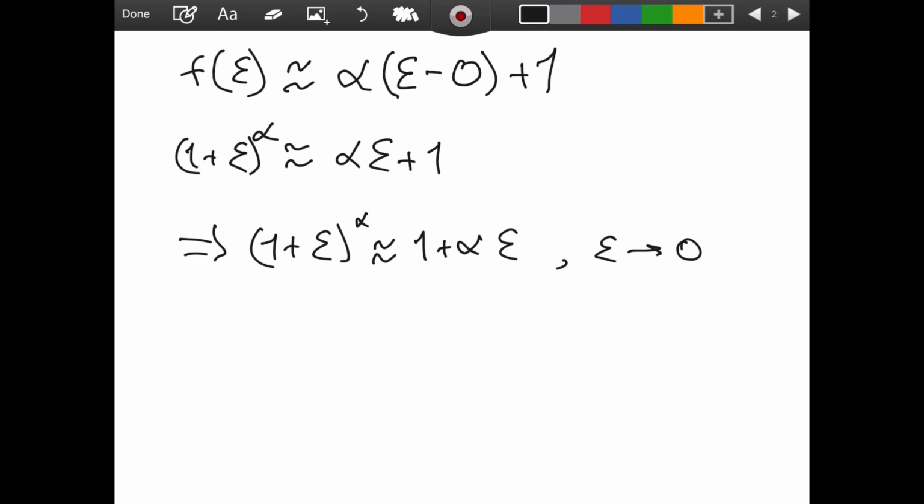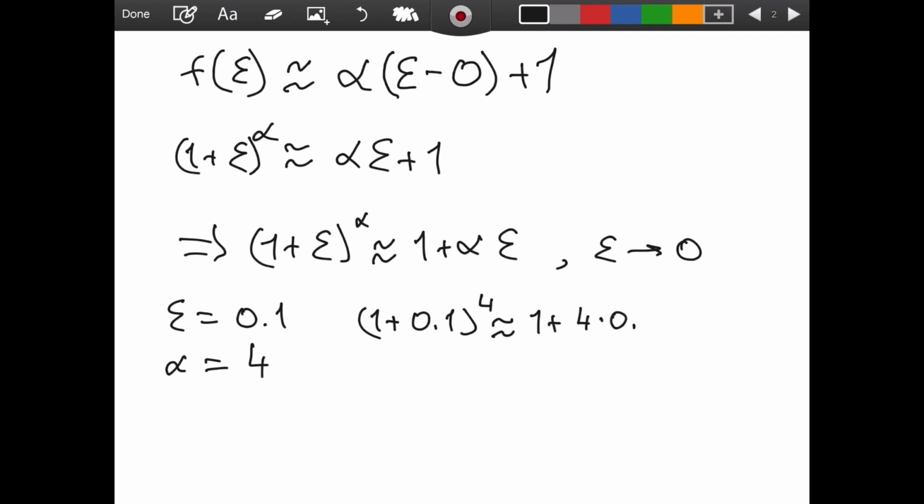So let's say that for epsilon, we choose 0.1, which is very close to 0, to be honest. And for alpha, we maybe choose, I don't know, let's choose 4. So our approximation says 1 plus 0.1 raised to the power of 4 is approximately equal to 1 plus 4 times 0.1.